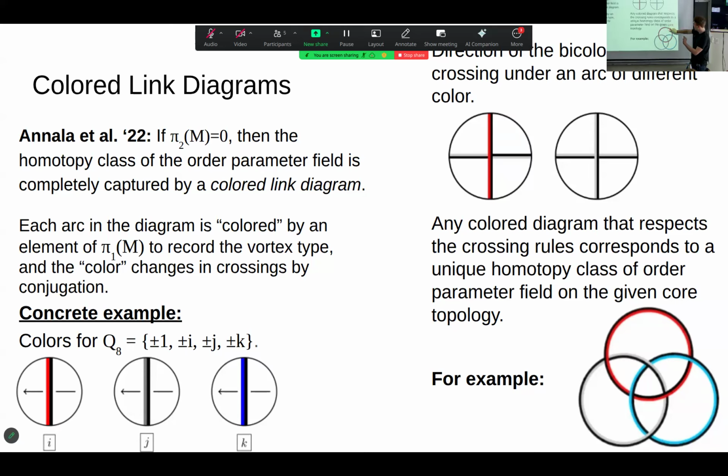When you go from here to here, there is a discontinuity because you cannot deform the loop that's based here and goes under here to this one. So in some sense, this captures more information than just the pure vortex type, but it's something you have to consider in these more complicated systems.